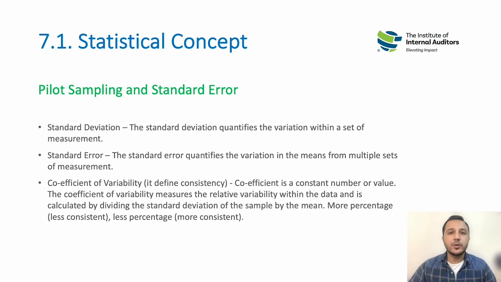We take some samples from the population into different data sets and apply statistical concepts to that sample data to get a few numbers, in order to ensure that the samples we are taking are a good representation of the population, and then we go for our actual sample. So the first thing we want to determine is standard deviation, that is, how dispersed the data sets are from the average, from the middle number, and we do it through standard deviation.